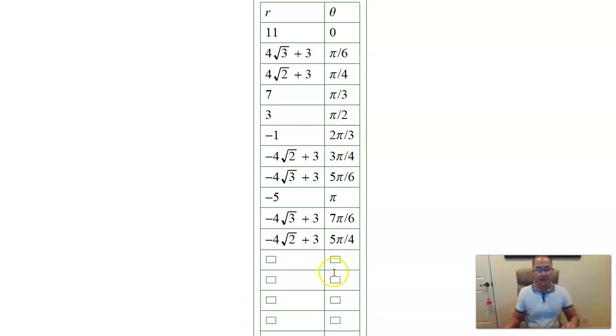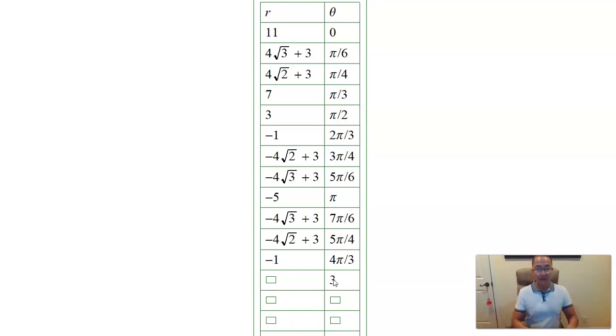Okay, so next is 4 pi over 3. But cosine of 4 pi over 3 is also negative 1/2 times 8 is negative 4 plus 3 is negative 1. So of course, these values are also repeating. So keep going. What is next?